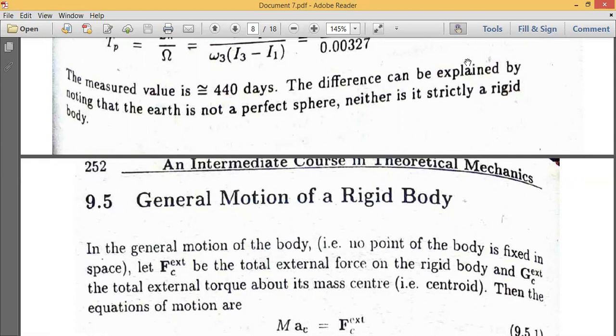Neither is it strictly a rigid body. Earth is neither a perfect sphere nor strictly a rigid body.